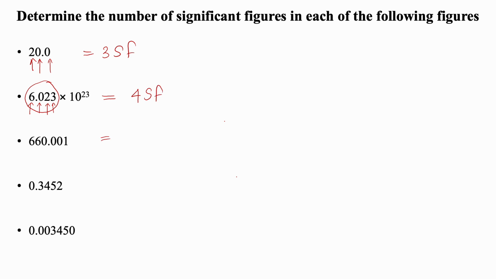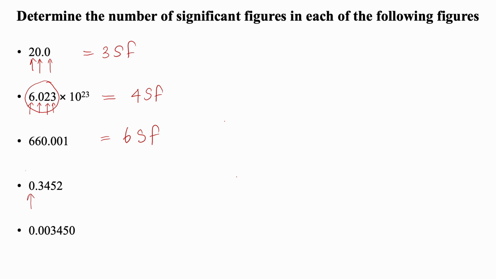This one here, you have all the zeros. They are between non-zero digits and even after the decimal place. Therefore, all the numbers given here, they are significant including zeros. Therefore, you have 6 significant figures in this number. And then this 0 is considered a placeholder.